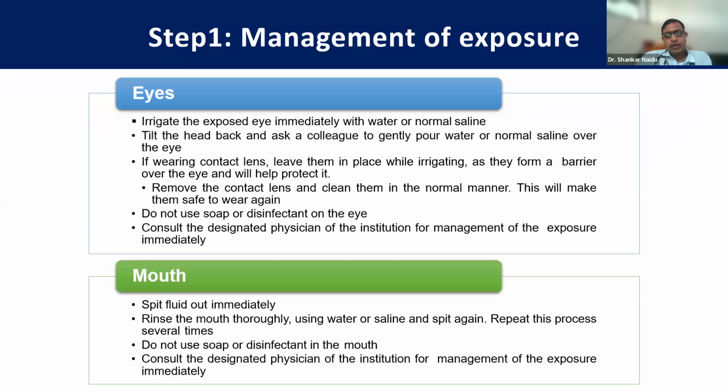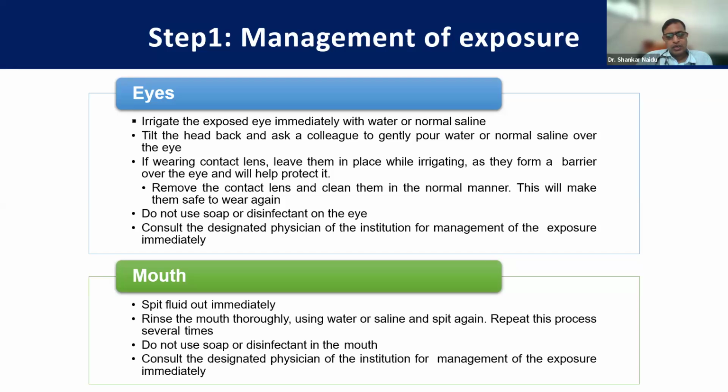Then what should we do if there is an exposure to eyes or mucous membranes? For the eyes, we need to immediately irrigate the eye with water or normal saline. The head of the person has to be in a tilted position, and another colleague can gently pour water or normal saline over the eye. In persons who are using contact lenses, it is better to leave them in place till the irrigation is done.